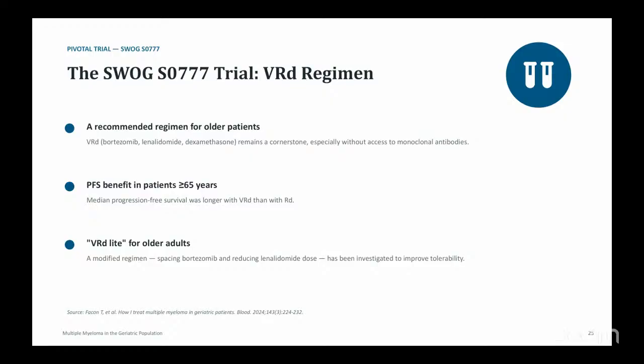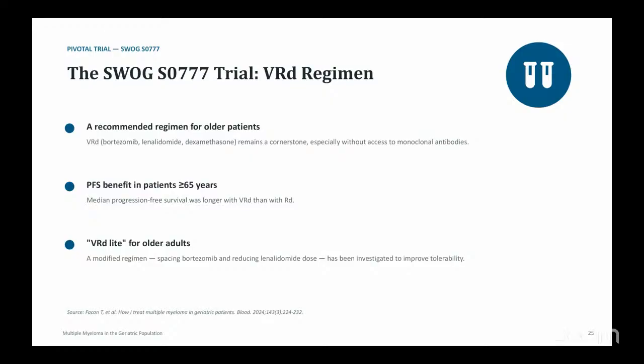Therefore, a recommendation favoring modified reduced intensity approaches, such as VRD-lite, was made to balance the efficacy of the treatment with the safety. So, although the VRD did improve progression-free survival in older adults, so the period of survival where the disease did not progress, right?